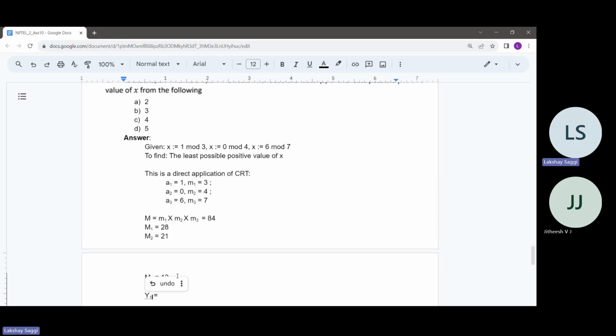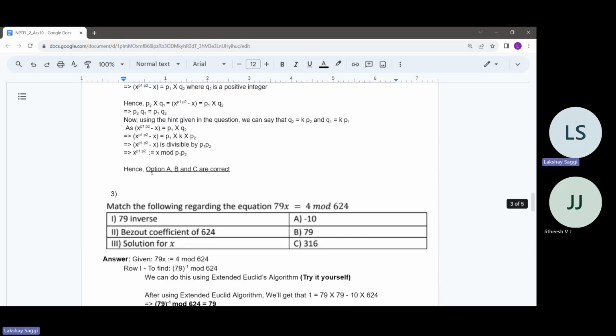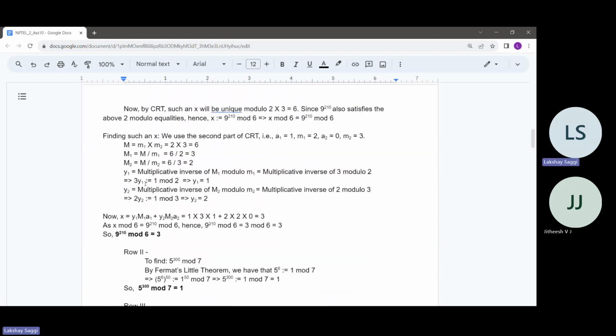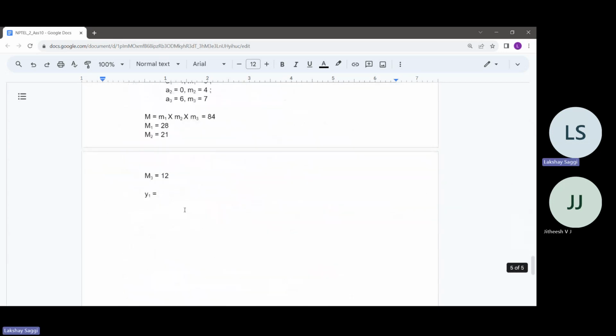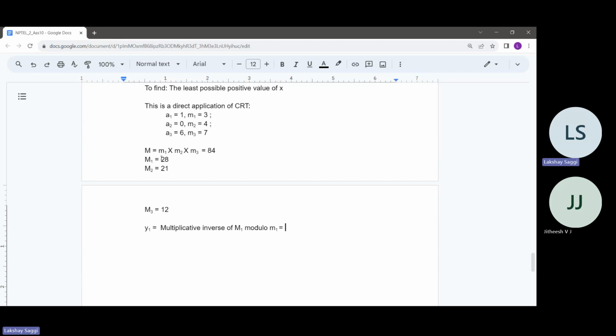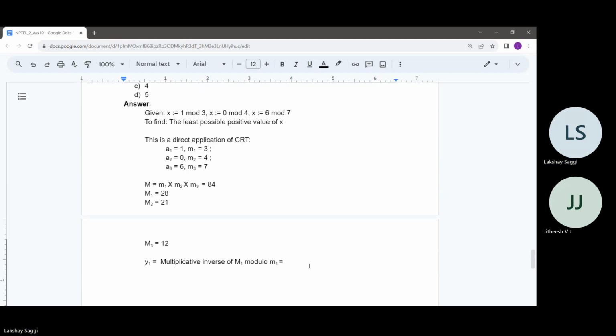So y1 is the multiplicative inverse of M1 modulo small m1, as we described earlier. Replacing M1 by 28 and small m1 by 3, we need the multiplicative inverse of 28 modulo 3.